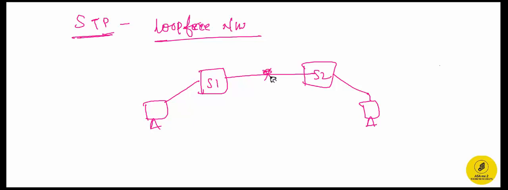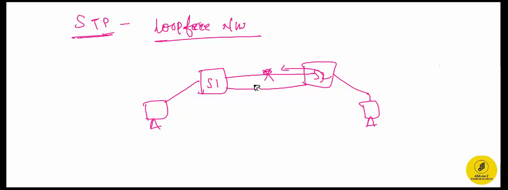So to do that, we have connected two cables here between switch 1 and switch 2. But now this increases the chances of loop at layer 2. So switch 1 might send a packet to switch 2, and switch 2 might send it back through the other link, thinking that the destination is here. Right?